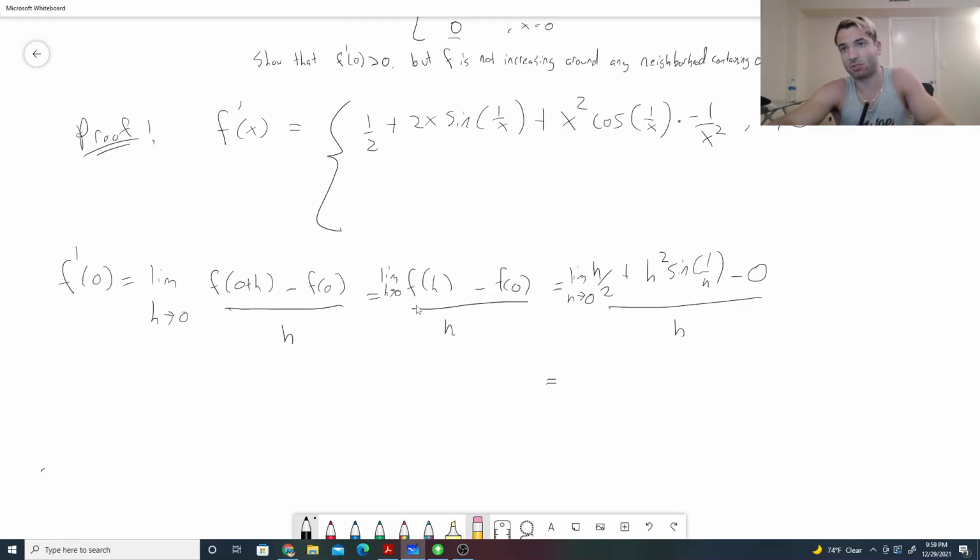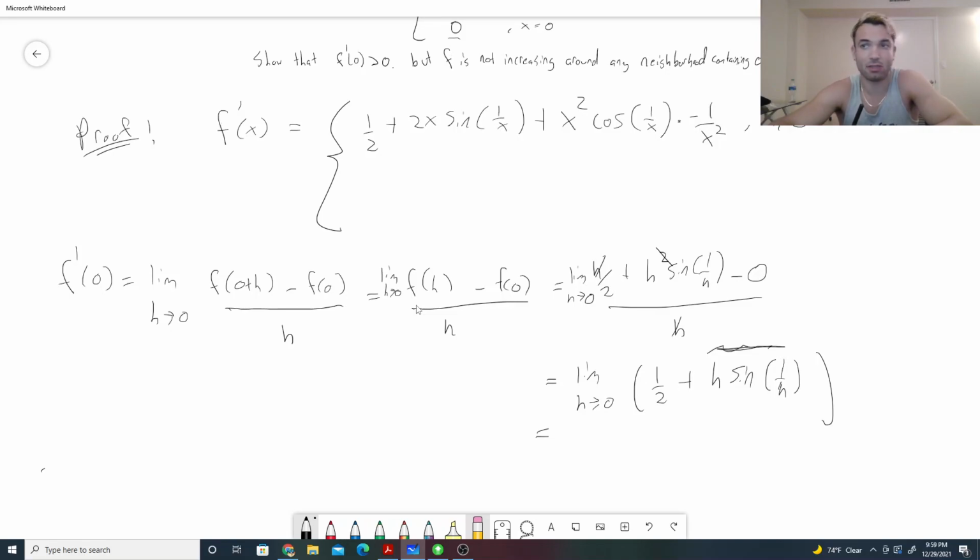Now we can just use some algebraic manipulation here. This is just the limit as h goes to 0 of 1/2 plus h sine of 1 over h. The limit of this piece is 1/2, that's a constant. And for this piece, sine in general is bounded above by 1 and below by -1.